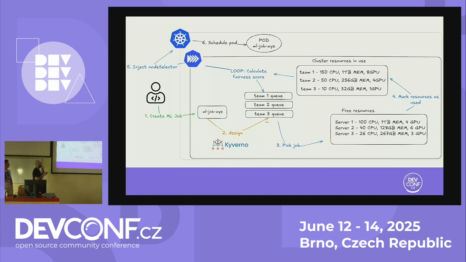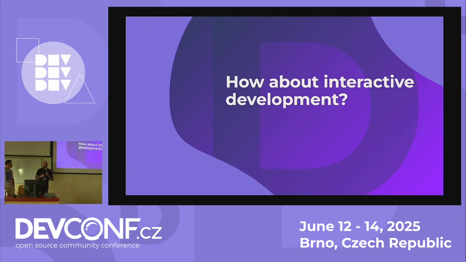The fairness score is recalculated, and based on the selected node, Kueue injects the node selectors, and then it gets passed to the standard Kubernetes scheduler, which just schedules the pod itself. So that's for running batch jobs, which can take anywhere from a few days to a few weeks.